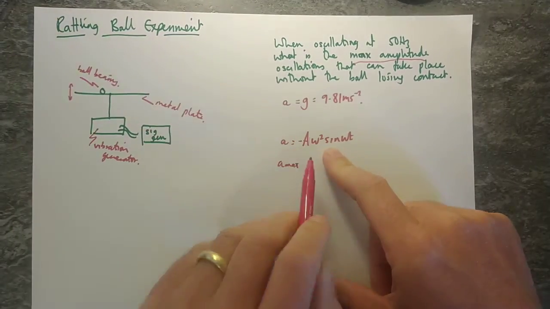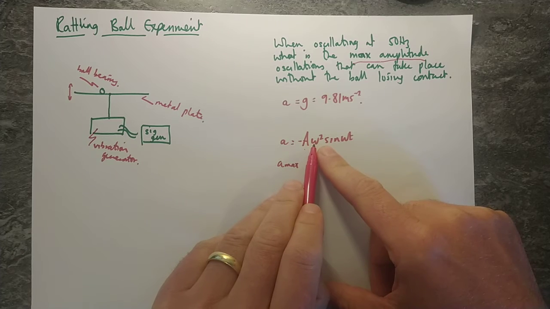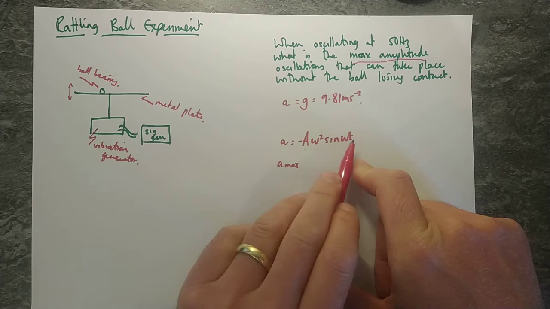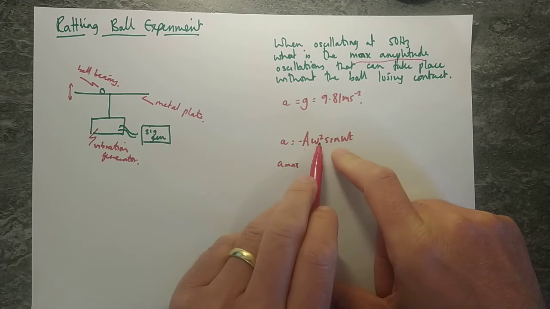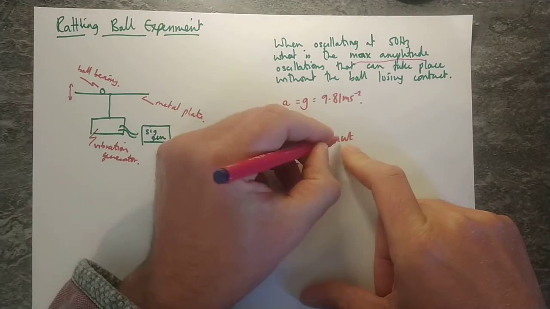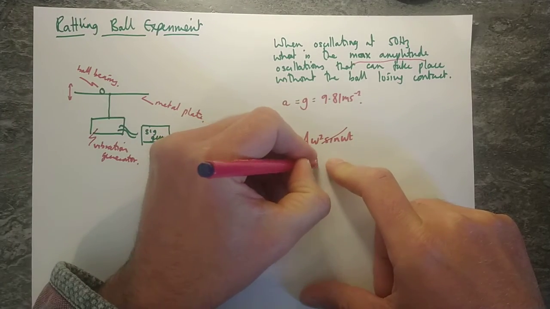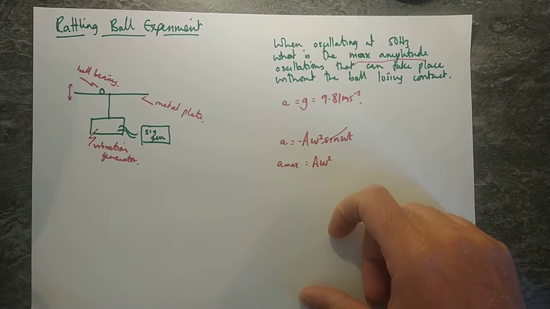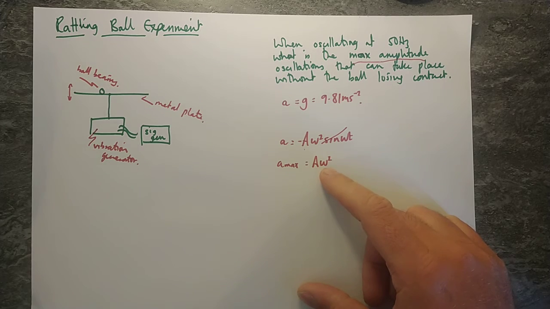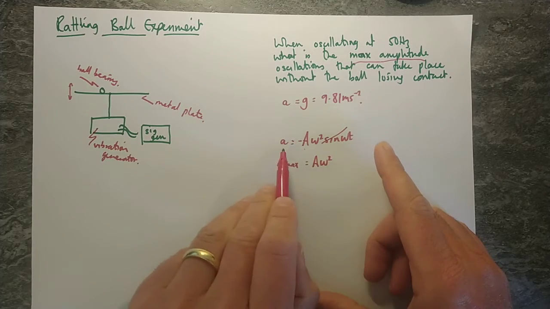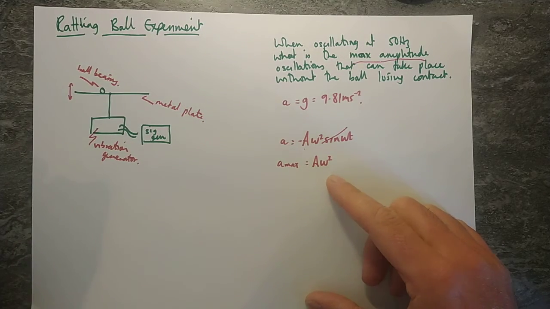The only bit in here which changes is the sine term: the amplitude is a constant, omega is a constant, and this changes over time. The acceleration is at its greatest when sine is equal to 1. So we can get rid of that, and we have a max equals A omega squared. I'm going to ignore the minus because the plus and minus doesn't really matter. I think this equation is on the formula sheet, but being familiar with these fundamental equations does help you with simple harmonic motion.